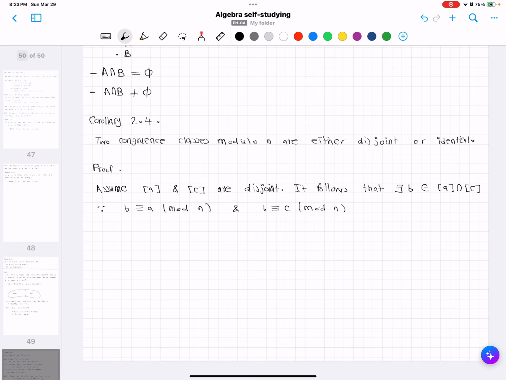Then it follows that by symmetry we have that A is congruent to B mod n, and B is congruent to C mod n. So hence A is congruent to C mod n.